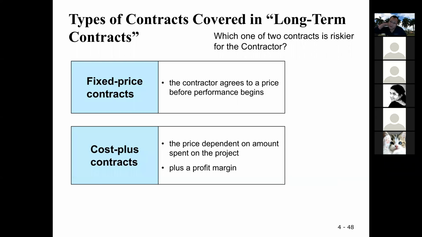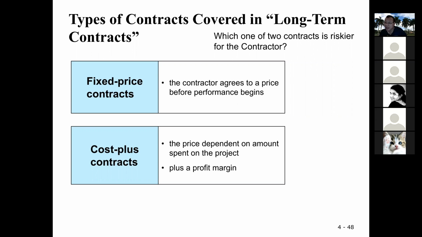Still using the Science Center at UofL as the example, a fixed price contract would be the construction company agreeing with UofL on, let's say, a $20 million price. I'm going to build this building according to the plan, and I'm charging you a fixed price of 20 million. So that's the fixed price contract.